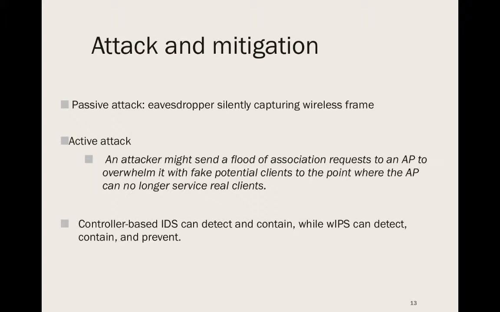Based on information gathered by controllers, a wireless intrusion prevention system can detect many types of wireless network attacks. A controller-based IDS can detect and contain, but a wireless intrusion prevention system can detect, contain, and prevent.